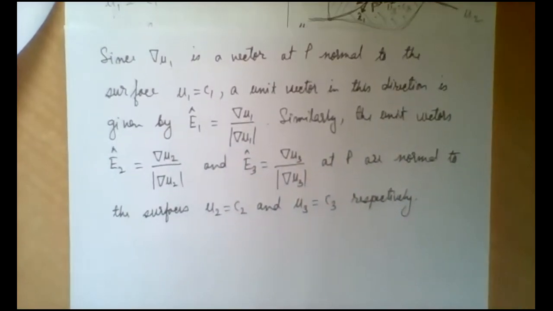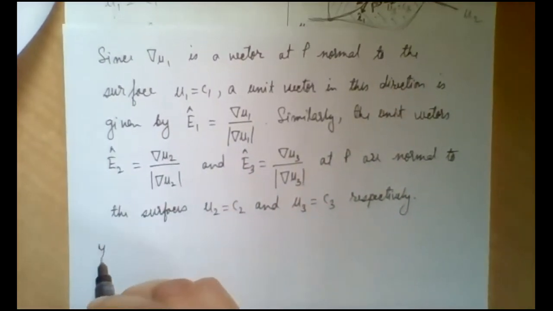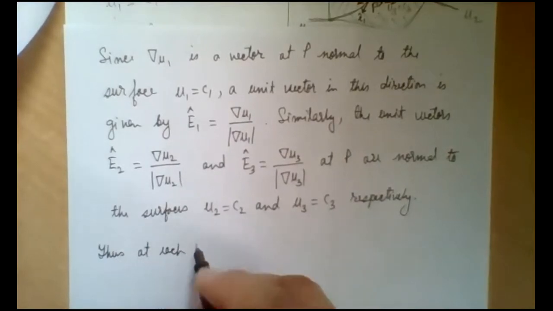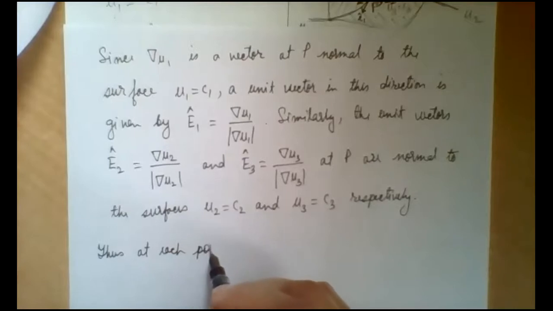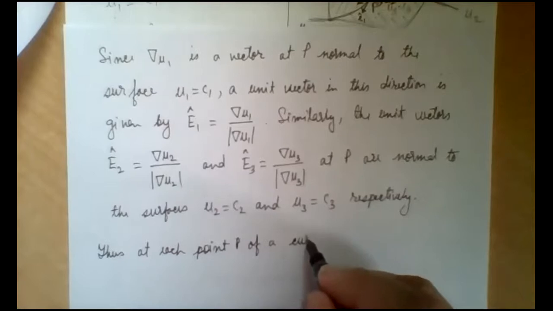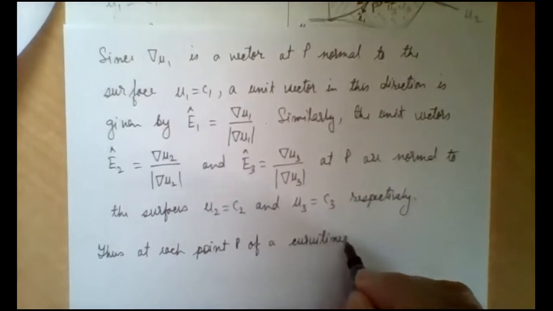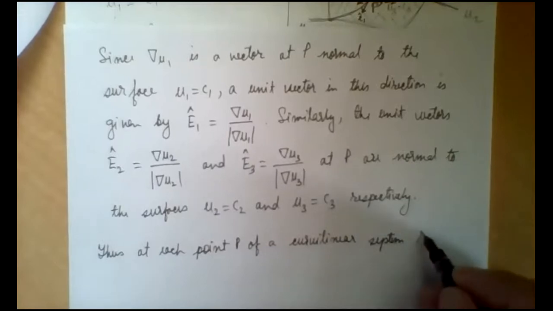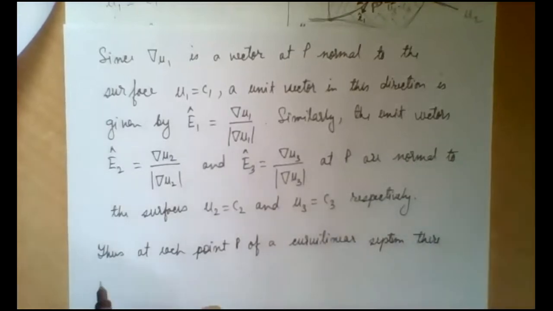Thus, at each point P of a curvilinear system, there exist in general 2 sets of unit vectors.